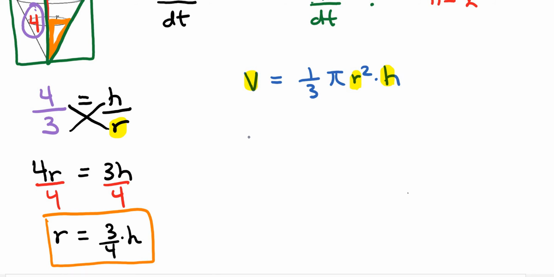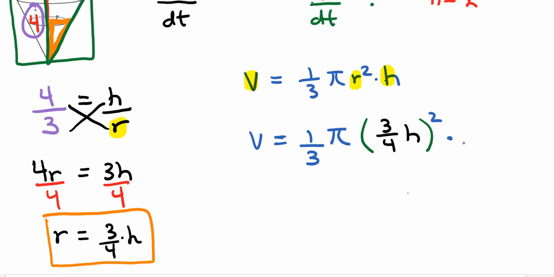Okay, so let's do that. Now my volume is equal to 1/3 pi, and then this would be 3 over 4 h, all to the power of 2, times another h.